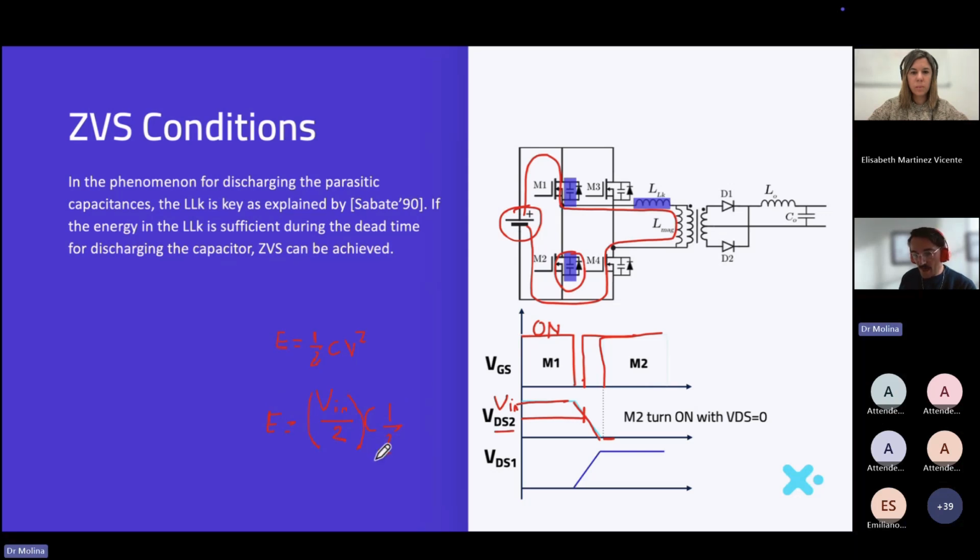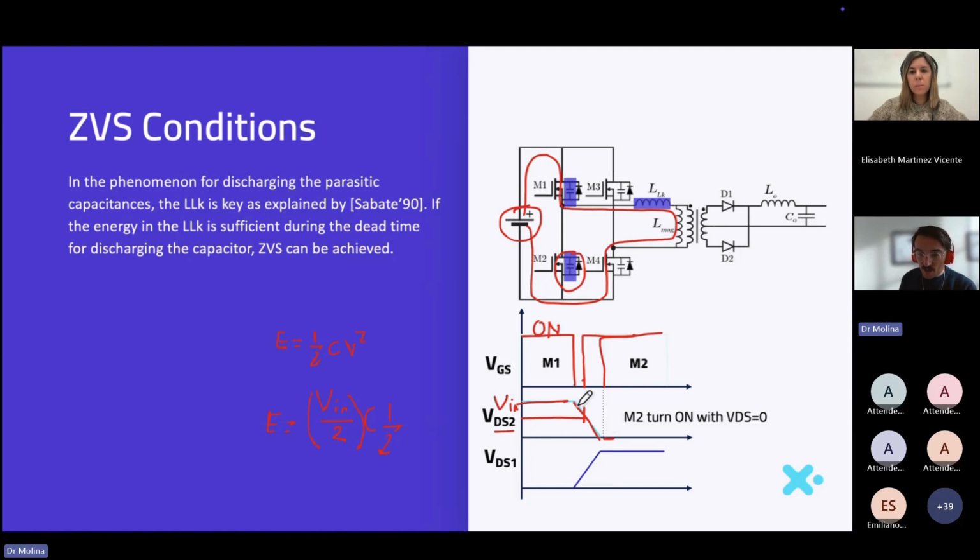All this energy will be lost and you will generate a lot of noise. That's the reason it is very important to make sure that when you switch on your MOSFET or device, this energy has reached zero.